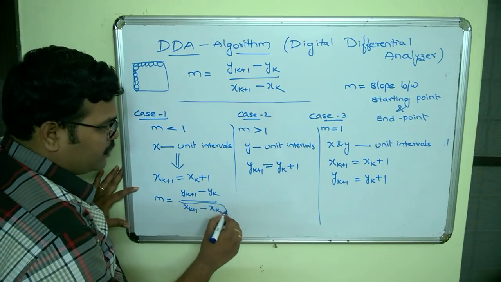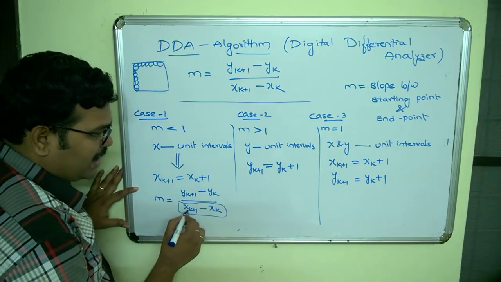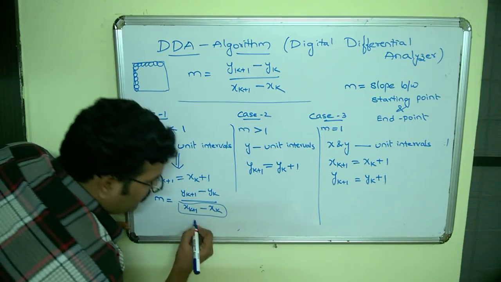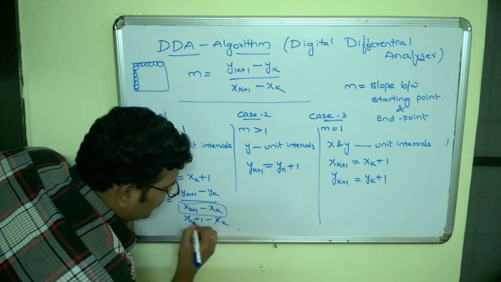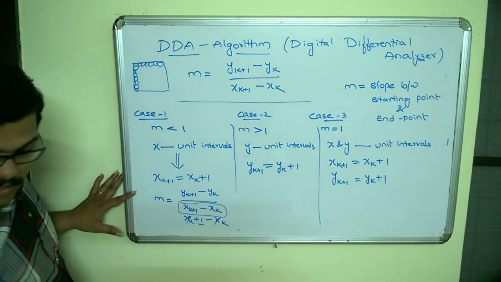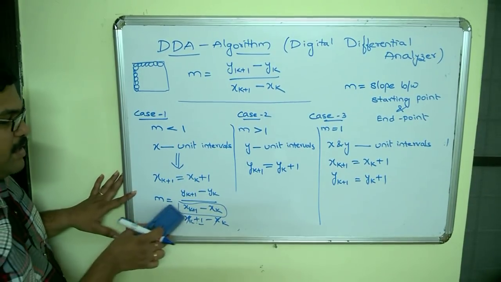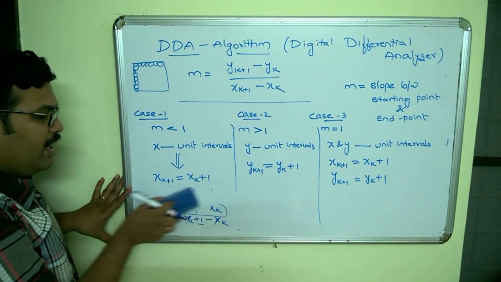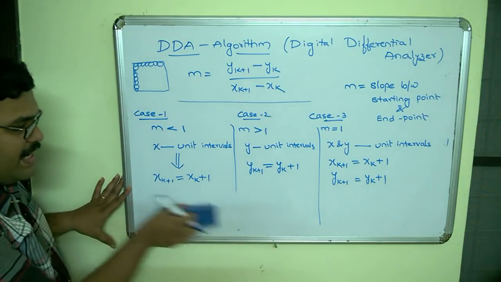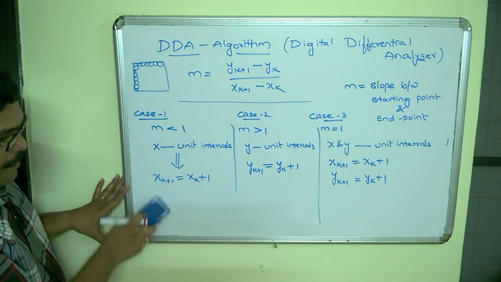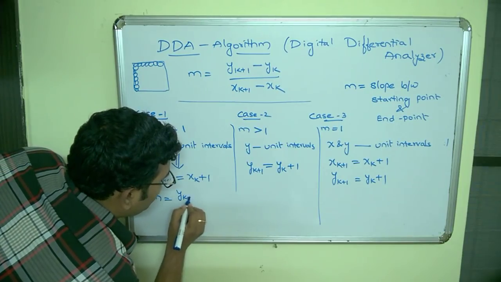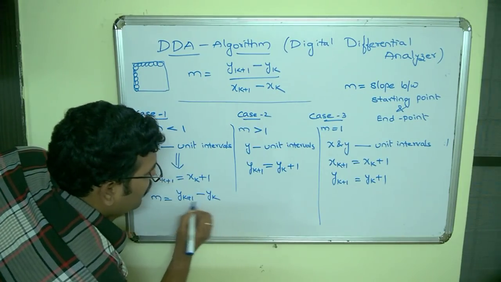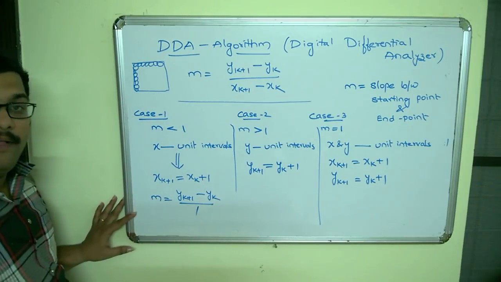As xk plus 1 is equal to xk plus 1, xk plus 1 minus xk becomes 1, so m is equal to yk plus 1 minus yk by 1.